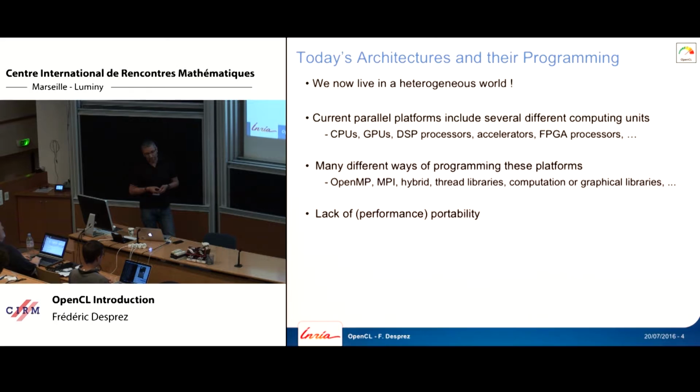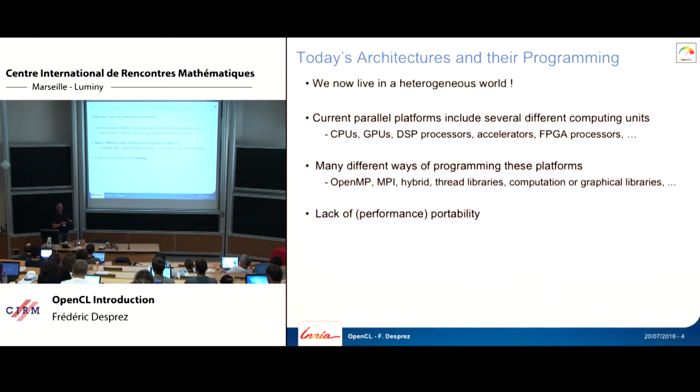Of course, OpenMP, MPI, hybrids between OpenMP and MPI, thread libraries, libraries for computation or graphical libraries. But there's a lack of performance portability. It's really tough to program these platforms, especially if you move from one platform to another. You have to reprogram everything and tune your application depending on the platform, which is of course not very good, as these architectures are evolving quite fast.